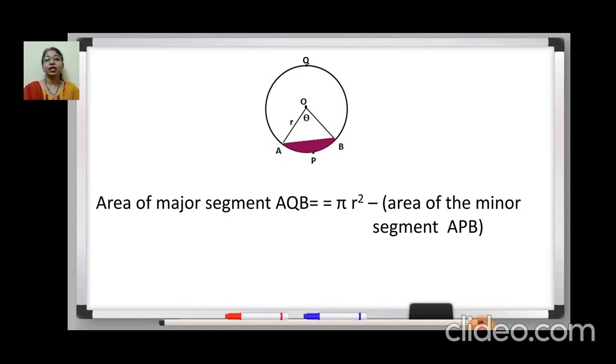So therefore area of major segment AQB is equal to pi r square, area of circle, minus the area of minor segment. Understood? So we have learned three formulae today. Area of sector is theta divided by 360 into pi r square. Length of arc is theta divided by 360 into 2 pi r. And the area of segment is equal to area of the sector minus area of triangle.